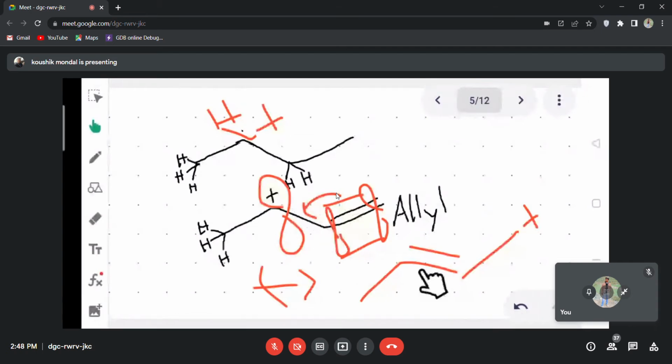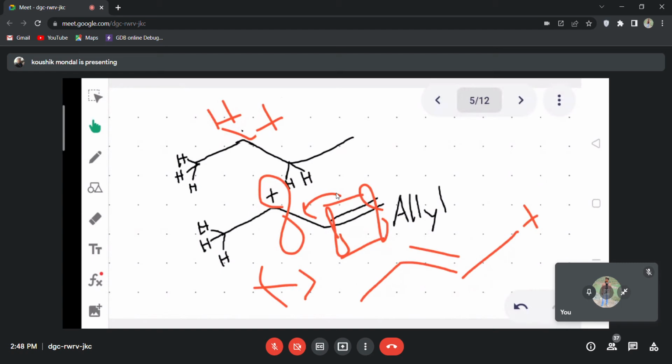So this positive charge will go and a positive charge will come at this position. So that is the resonance effect.